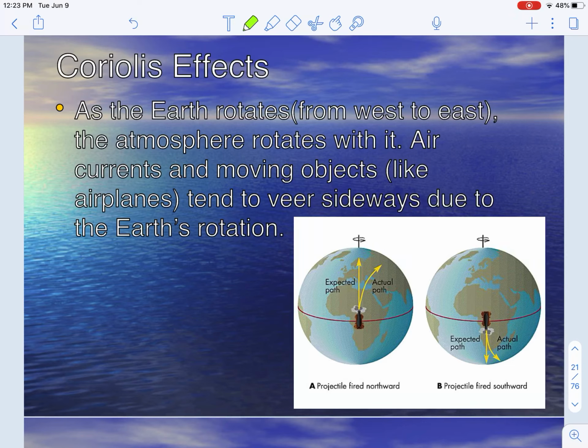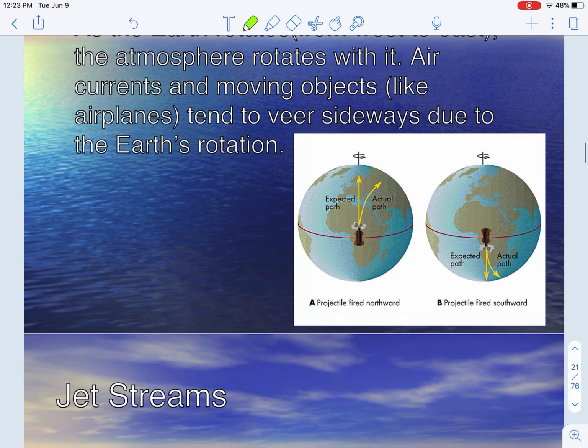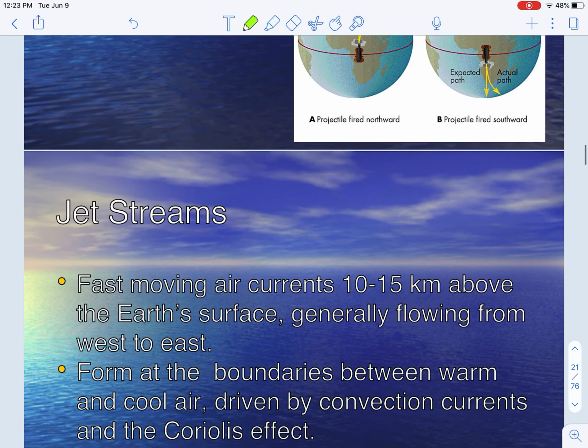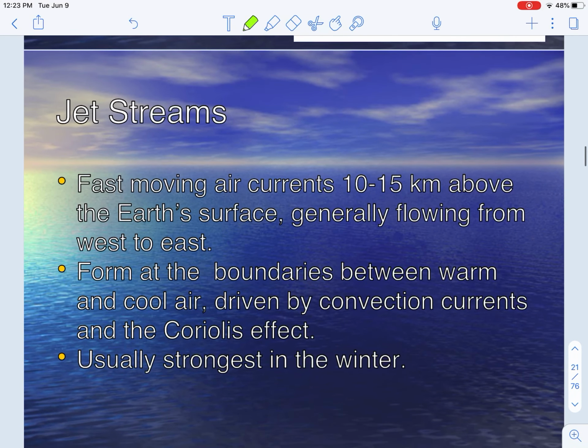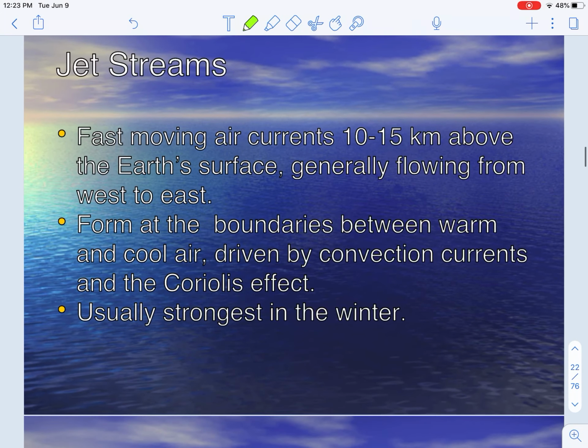just very heavy precipitation. Coriolis effect is how the Earth is rotating, and the atmosphere, the air, is rotating with it, but it tends to veer off when the Earth is turning.